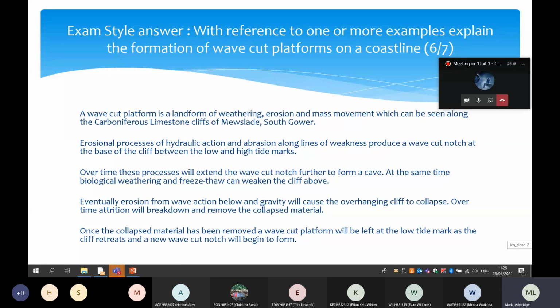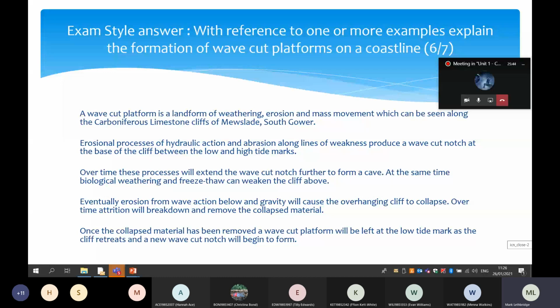The Carboniferous limestone is the harder, more resistant rock that erodes very slowly. Millstone grit is a softer, less resistant rock that erodes much more rapidly. And if you can keep that in your mind, then you're usually on to a winner.